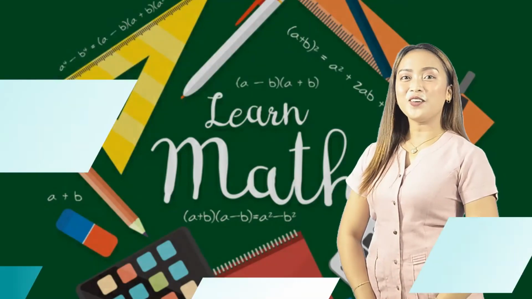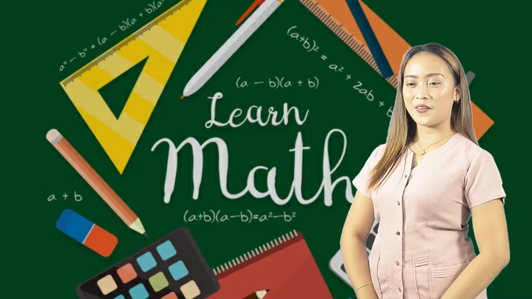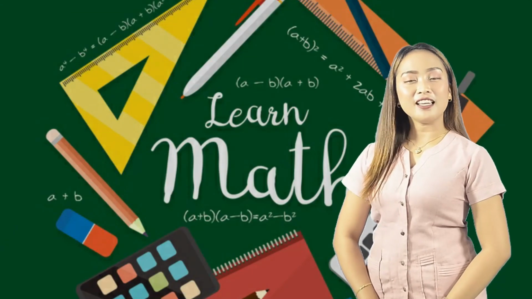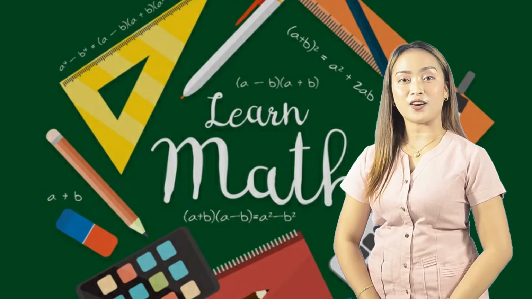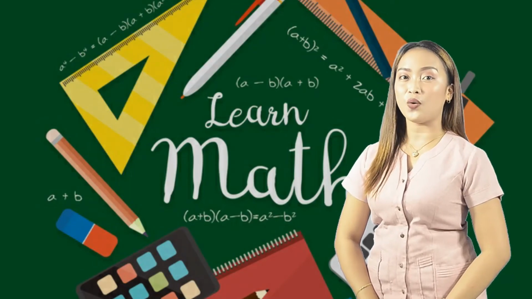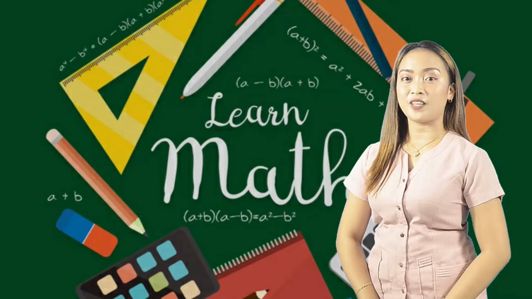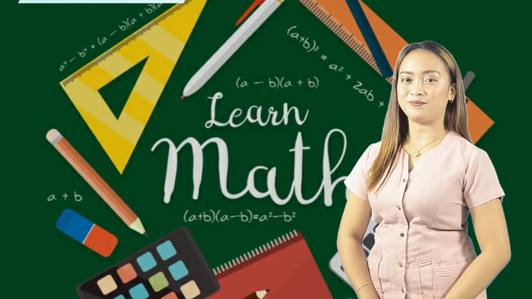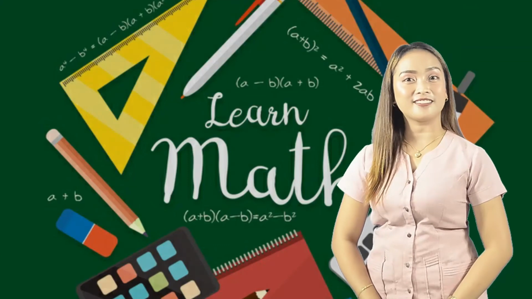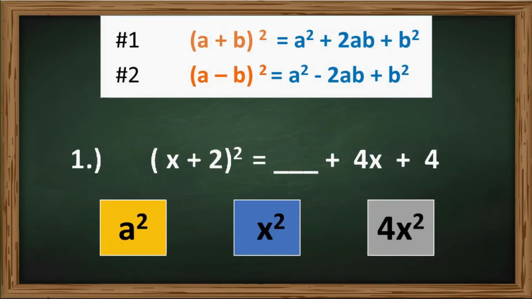If that's so, let's try this. Fill in the missing term by choosing the correct answer from the choices below the expression. I'll give you 5 seconds for every item. Number 1. Quantity x plus 2 squared is equal to blank plus 4x plus 4.